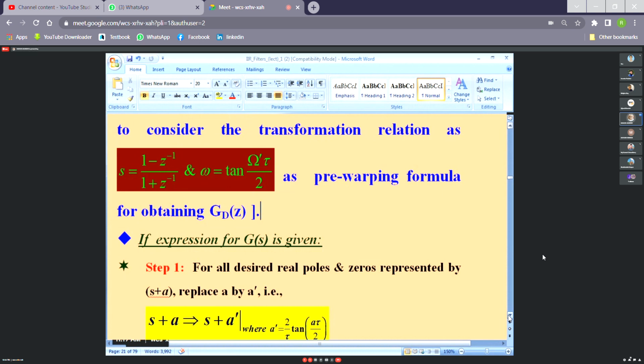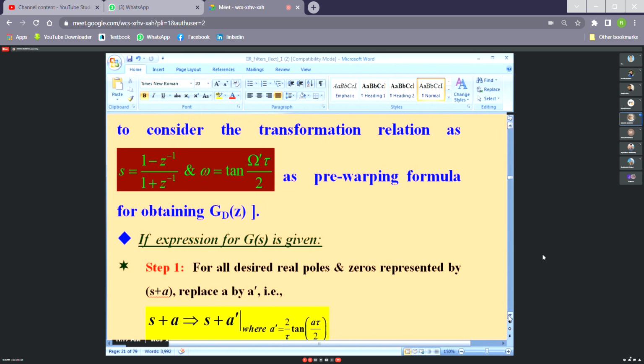So those analog filter poles and zeros are to be pre-warped first, because ultimately you desire a digital filter with this analog filter critical frequencies as its own critical frequencies. So instead of directly applying the bilinear transformation, first you have to pre-warp the analog filter critical frequencies.